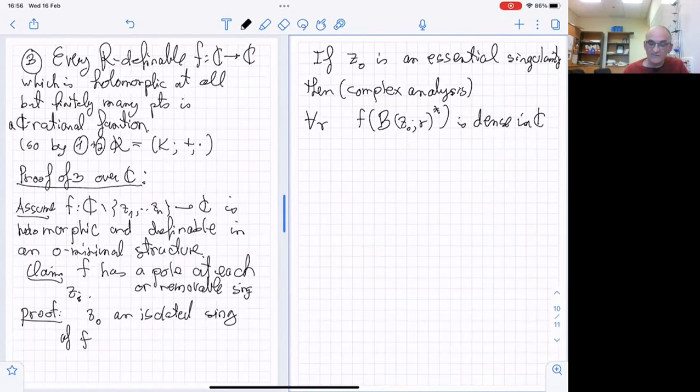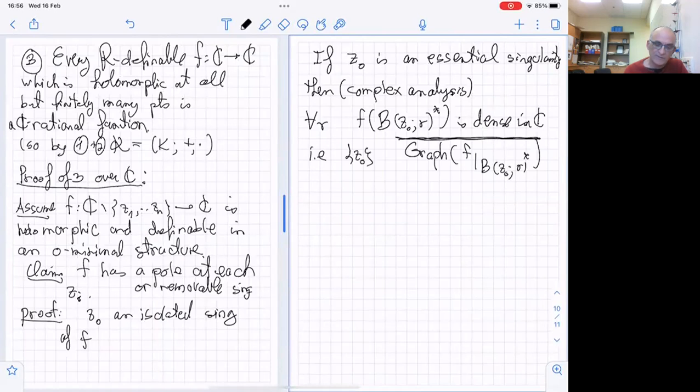So one way to see that this is dense, i.e., if you look at the graph of F restricted to B Z0 R, and you look at its closure, then you get the fiber above Z0 fully contained in the closure of the graph of the function.